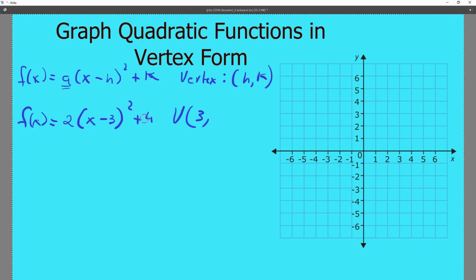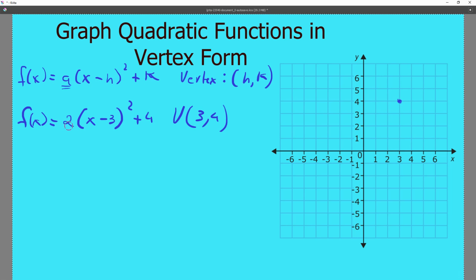And then you keep the same number. Not opposite, but the same. There you go. So you have the vertex at 3, 4. That's the vertex. So I know it could be opening down or opening up, and I don't know how wide it is, but I know the vertex is there.